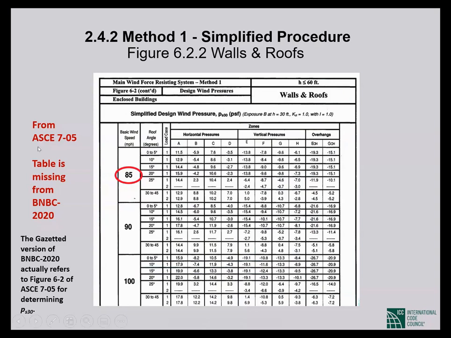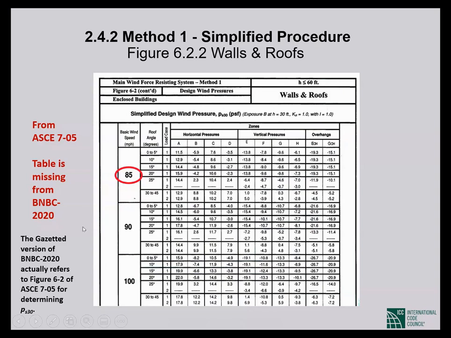And I wrote this on the slide: table is missing from BNBC 2020. Then Pro Dasgupta of our office found that in the gazetted version, BNBC 2020 actually refers to figure 6-2 of ASCE 7-05 for determining P_S30, which is this table. This is table 6-2.